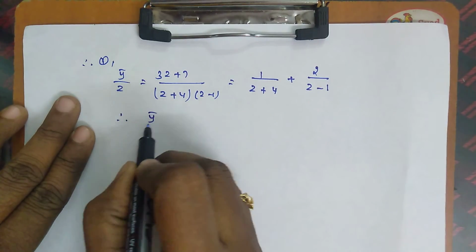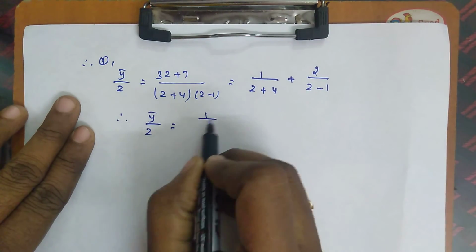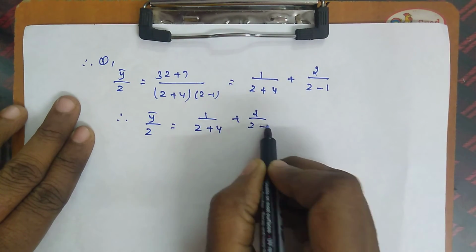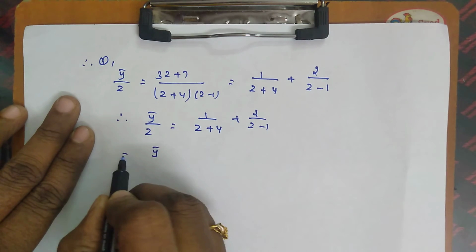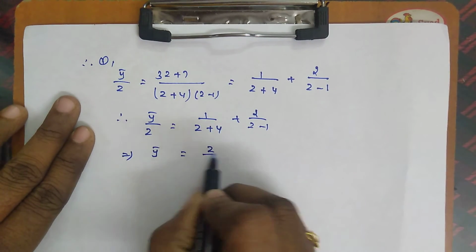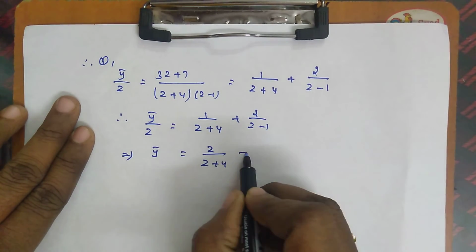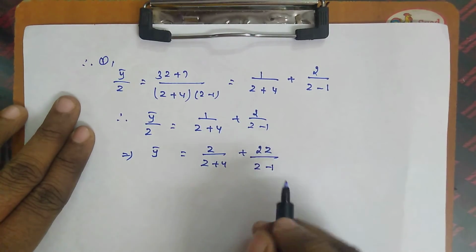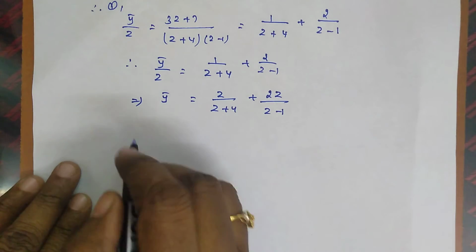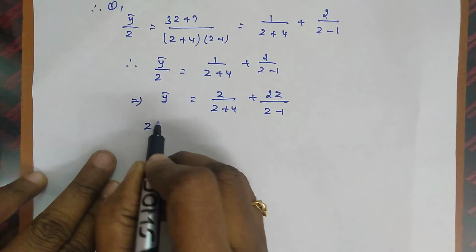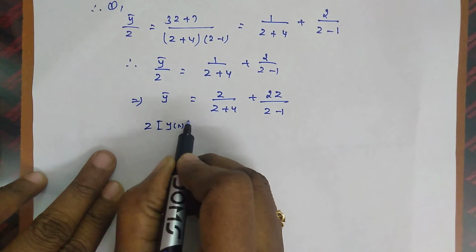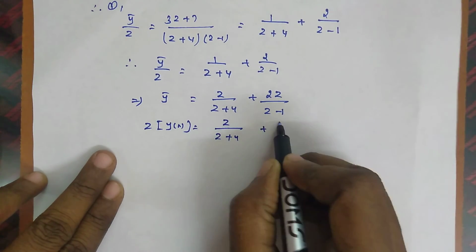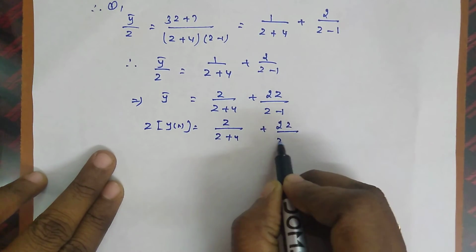Therefore, y bar by z equals 1 by z plus 4 plus 2 by z minus 1. We will cross multiply this, which implies y bar equals z by z plus 4 plus 2z by z minus 1. Now, we know that y bar is nothing but z of y of n equals z by z plus 4 plus 2z by z minus 1.